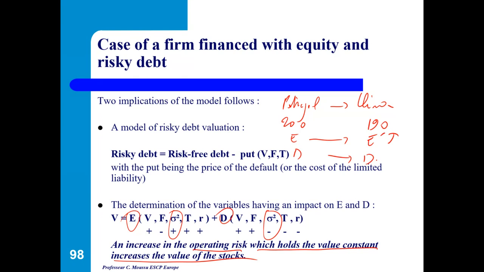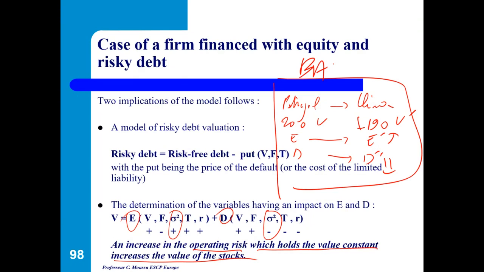Why? Because the value of the debt was decreasing so much because of the higher risk that the value of equity was increasing. And of course, this is bad because it says that leverage may provide wrong incentives to shareholders.